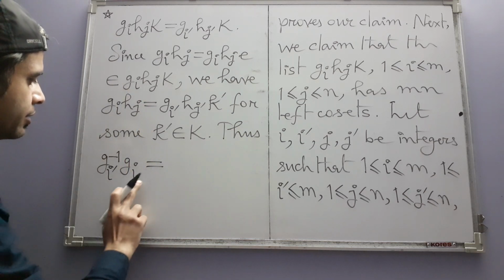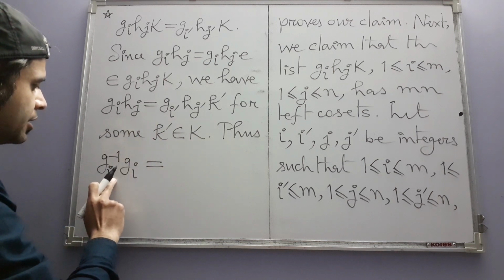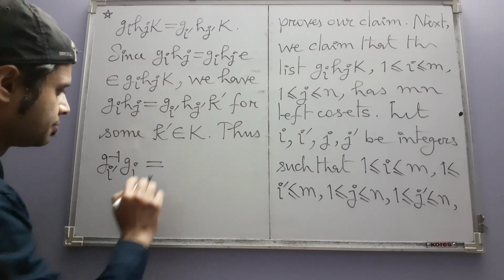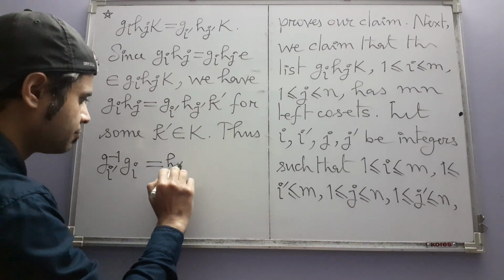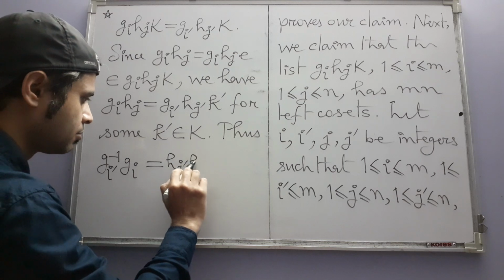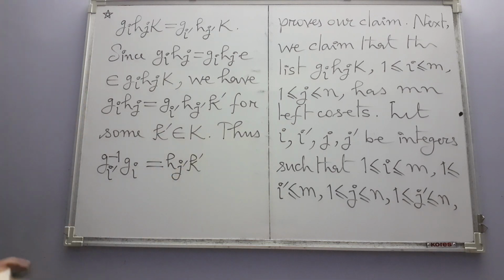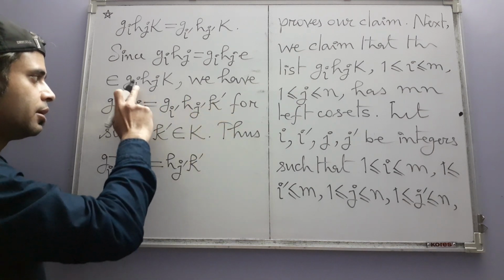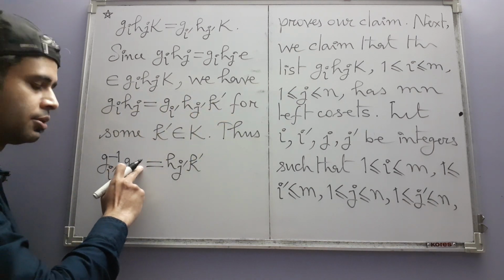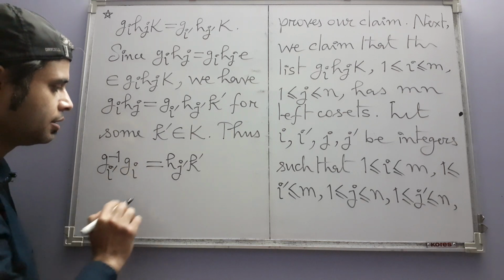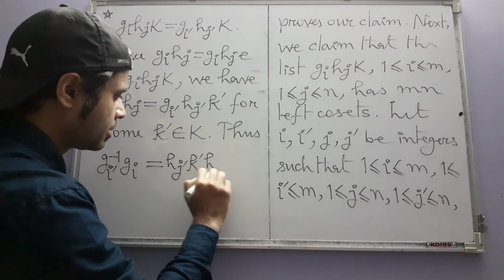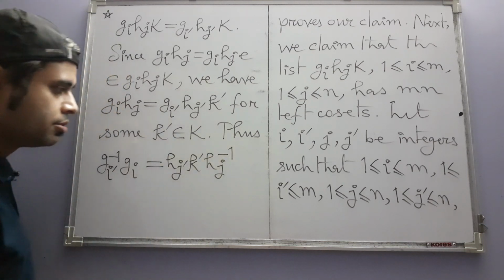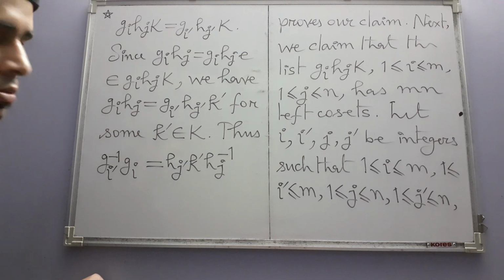I am coming to that later, but we have pre-multiplied by Gi prime inverse. So on this side, this Gi prime will vanish and we will be left with Hj prime K prime. Also simultaneously we are post multiplying both sides by the inverse of Hj. So that is why the Hj has vanished here, and that is compensated by Hj inverse on this side.